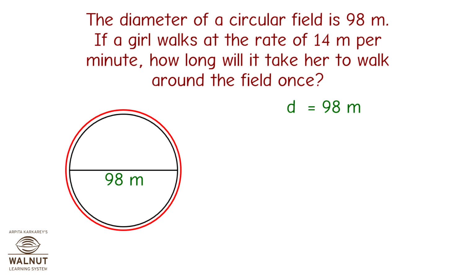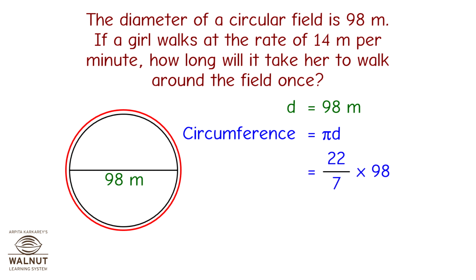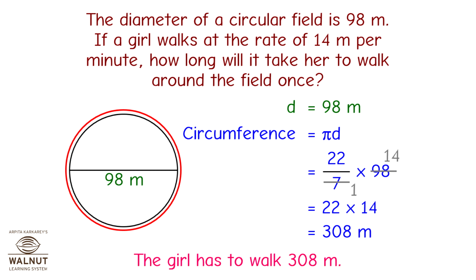Okay, now let's solve. Circumference is equal to pi d, which is equal to 22 upon 7 into 98. We simplify this and we get 22 into 14, which is 308 meters. So, the girl has to walk 308 meters to complete the one round around the circular field.